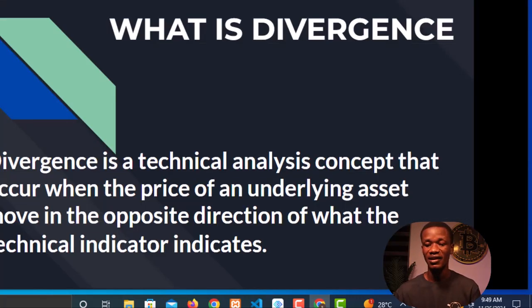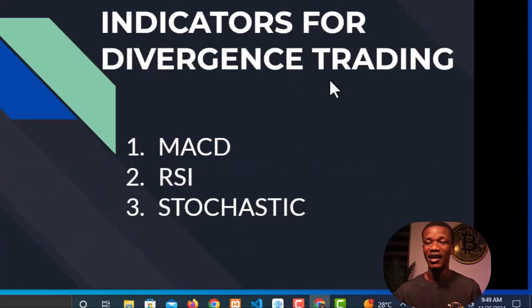The next thing is, there are indicators that are very important when considering divergence. So 3 indicators that are very important. The first one is the MACD indicator. This is the best indicator for me that I use for my divergence identification. And the second one is the RSI, that is the relative strength index.